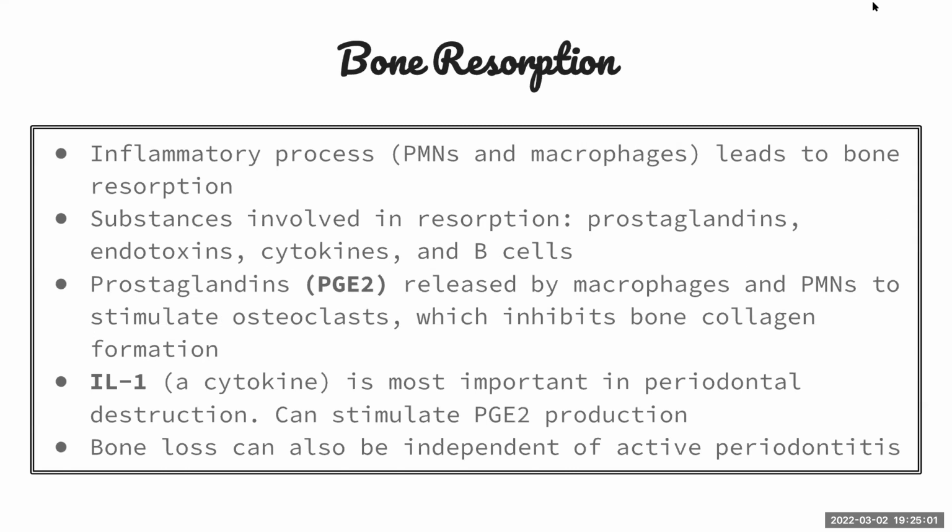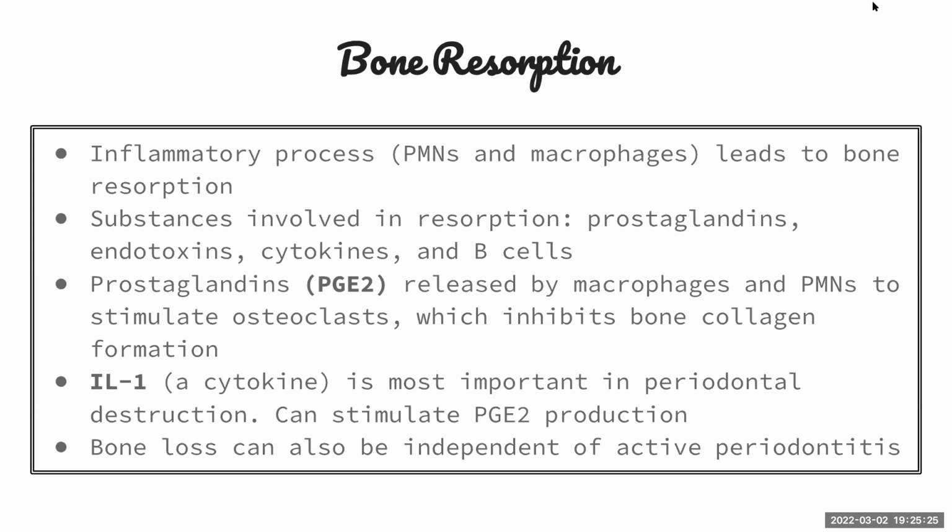Substances involved in the resorption, you've got your prostaglandins, your endotoxins, cytokines, and B cells. Remember, there was that prostaglandin E2 that is released by macrophages and your PMNs to stimulate osteoclasts, which in turn inhibits bone collagen formation.